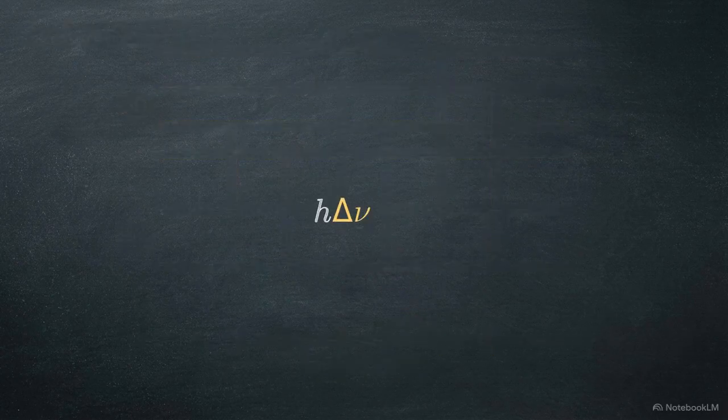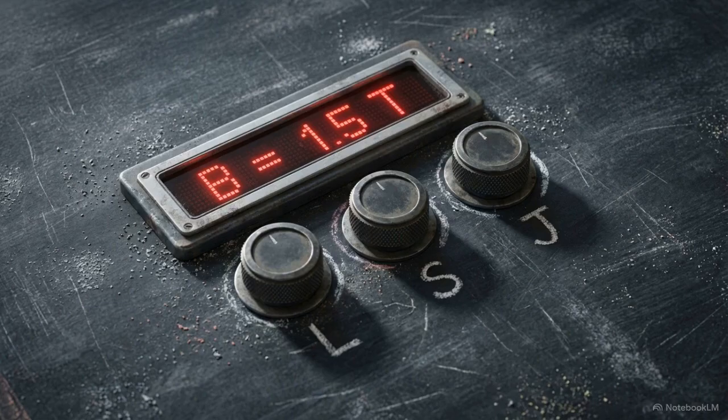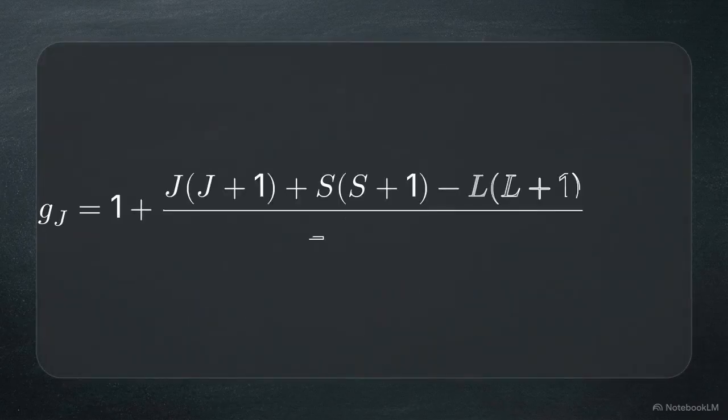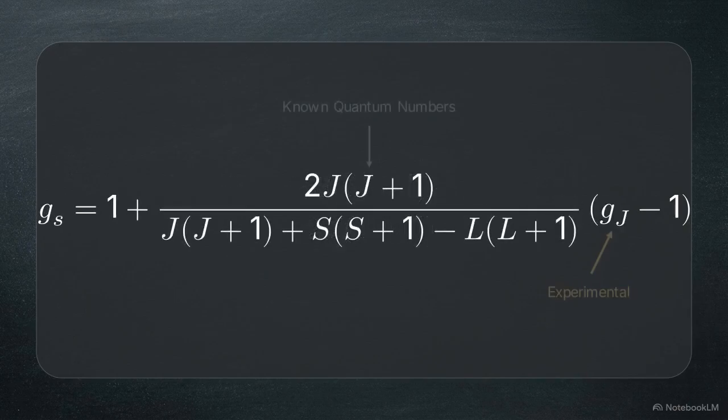Converting that frequency into energy provides the left side of our perturbation equation. Since we know the external magnetic field strength and the quantum numbers for the transition, we can extract the experimental Landé g value directly. We then rearrange the Landé formula to algebraically isolate the electron spin g factor.